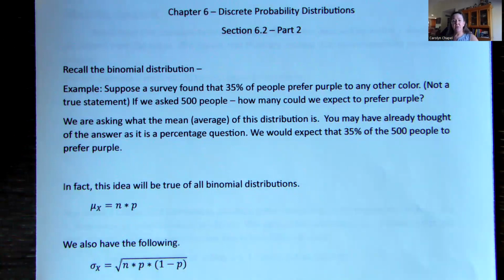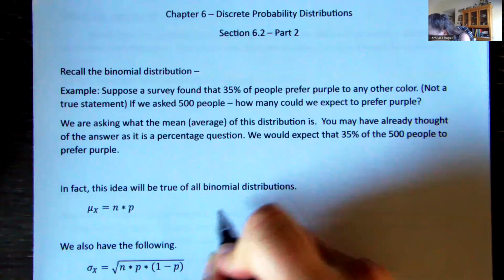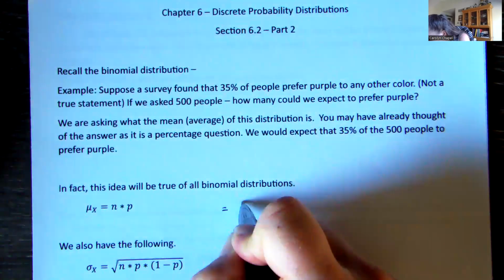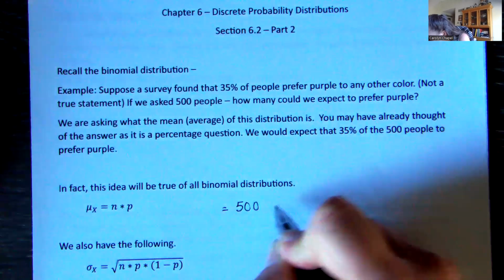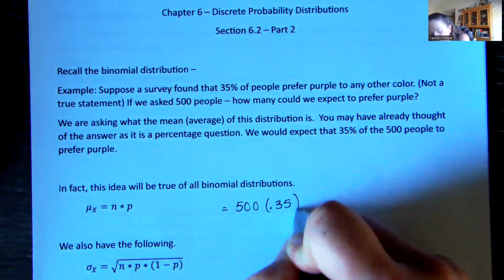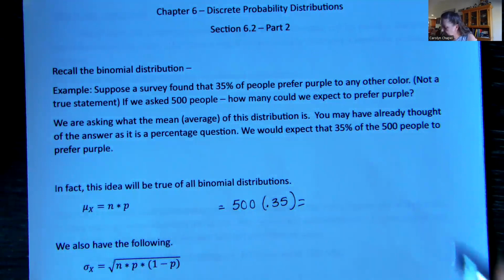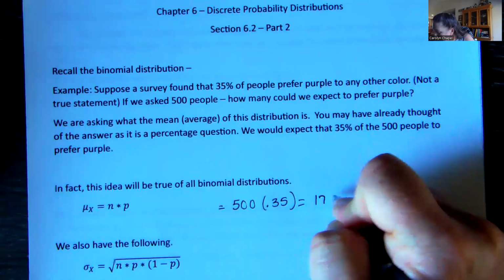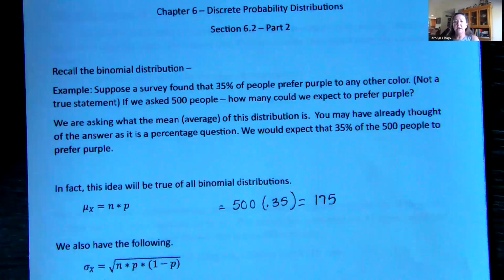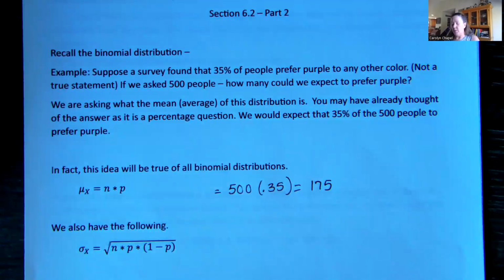But I think by looking at a percentage, 35% of the 500 is the same as taking our 500 times our p, which is 0.35. We'd get that same result. So there is how we find the mean. And we get 175. So we would expect 175 of our 500 people to prefer purple.